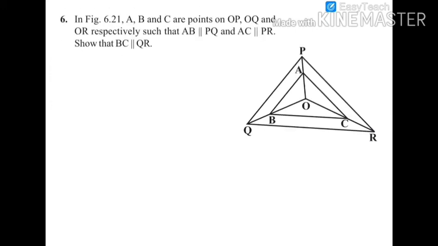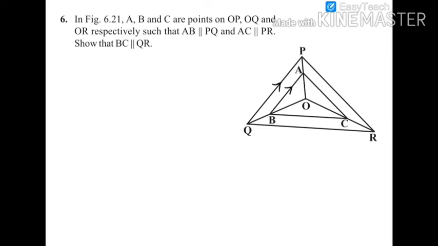Question number 6 of the same exercise. In the figure, A, B, C are points on OP, OQ and OR respectively such that AB is parallel to PQ. So let's mark the parallel sides.